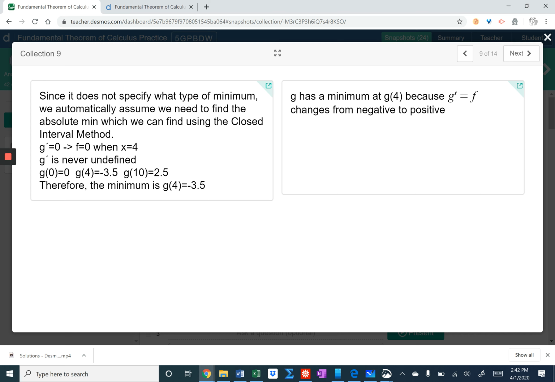How do we justify it's absolute? We have to use either the first derivative test for absolute extrema or the closed interval method. But we have a closed interval, so we're going to use the closed interval method on this one so we can compare with the endpoints and see what's happening. So let's do like the first example here and not the second.